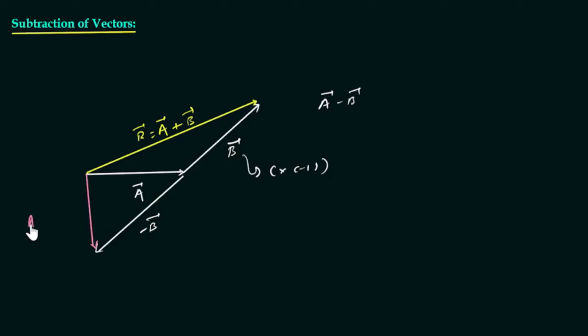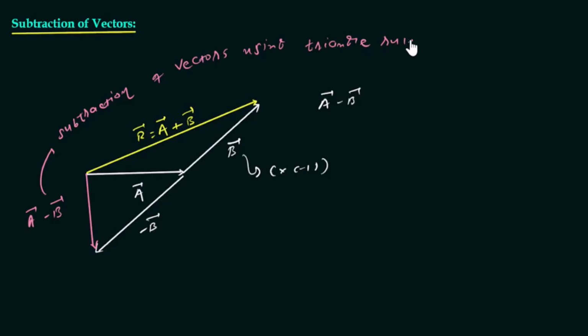So this is A minus B. This is our subtraction of vectors using the triangle rule. This is how we can subtract two vectors A and B.